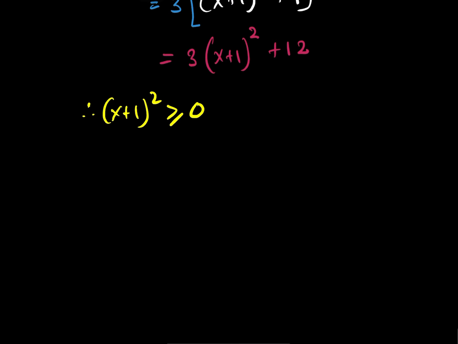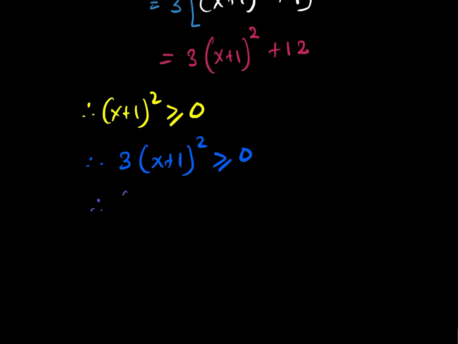Now I can say to myself, this 3 into x plus 1 all squared is going to be bigger or equal to 0, on the basis that if x is negative 1, the whole situation is going to be 0, so 0 is also included. Now, you will agree with me that this is a positive term plus a positive term, so that is also a positive situation.